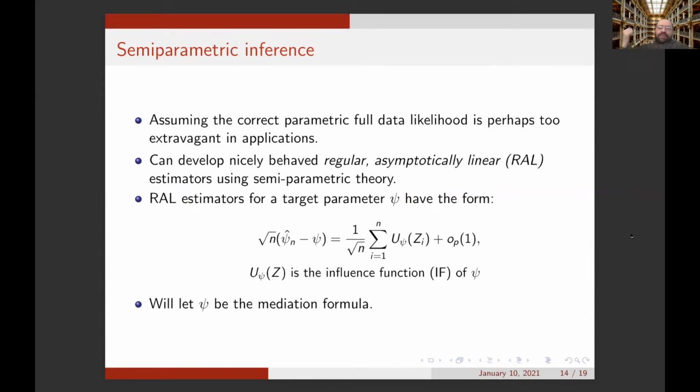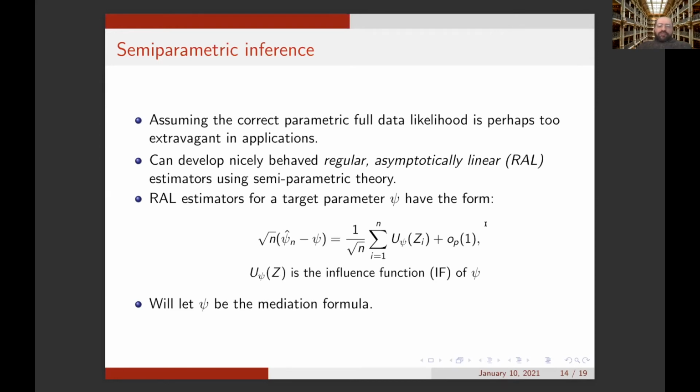And for a particular parameter psi, these estimators have the following form. So we end up summing over every row of the data, and at every row of the data, we evaluate a particular function of all the observed variables called u of z. This function is called the influence function for the parameter, and there is a little bit left over, this little o of 1 term that goes to 0.